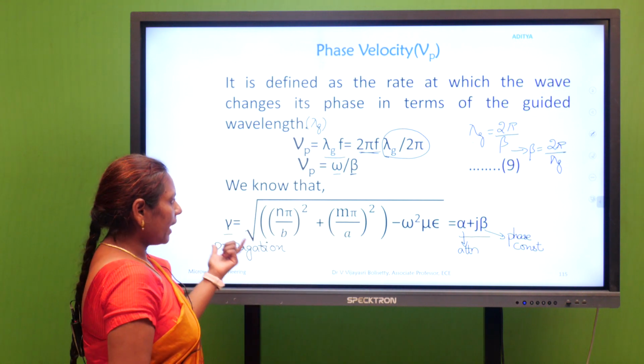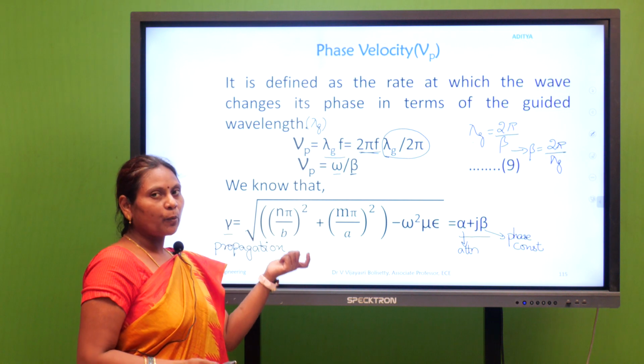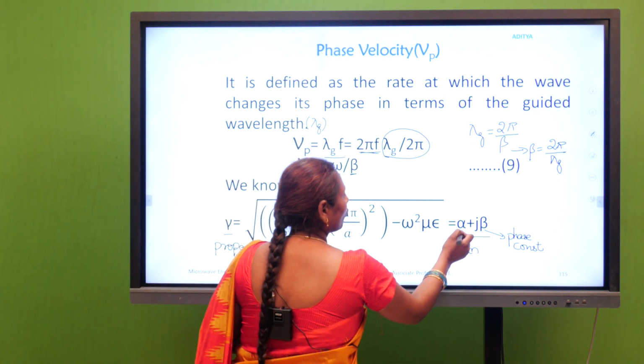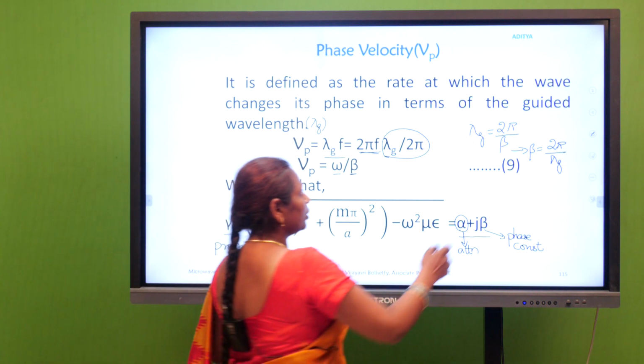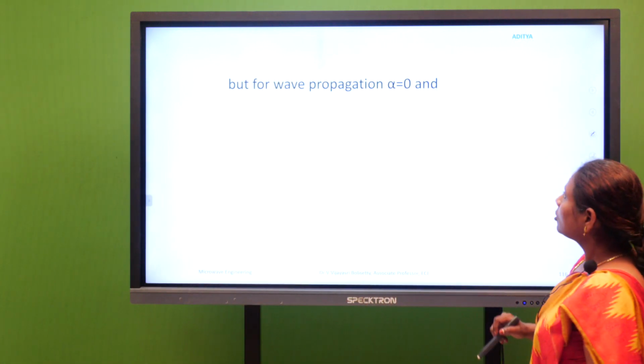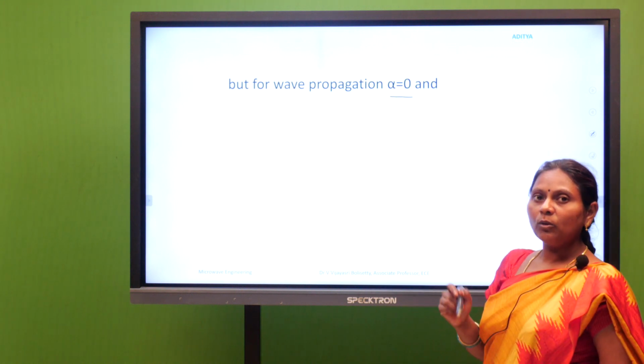The condition for propagation is that alpha should be equal to 0. So the wave propagates at alpha is equal to 0.